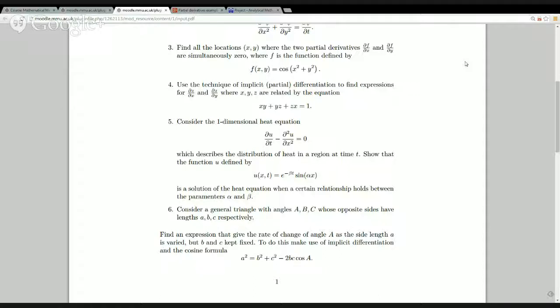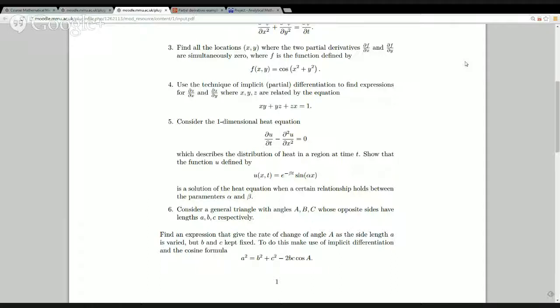But we don't have a formula for the definition of it. We just have a relationship that's implicitly defined by this equation here. x times y plus y times z plus z times x equals 1. So this relationship always holds for x and y.